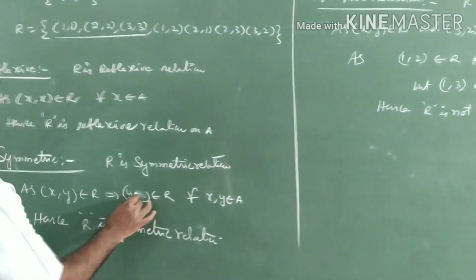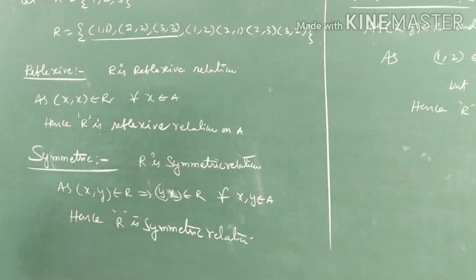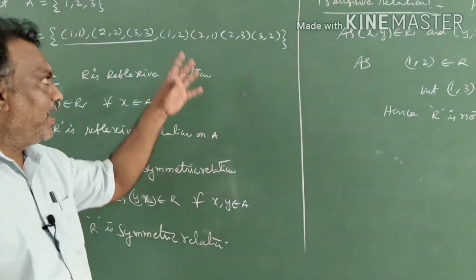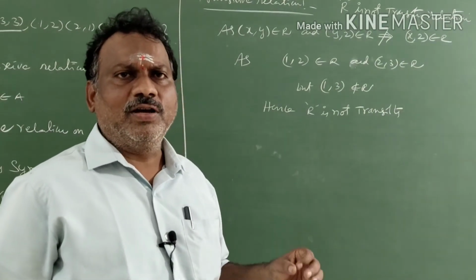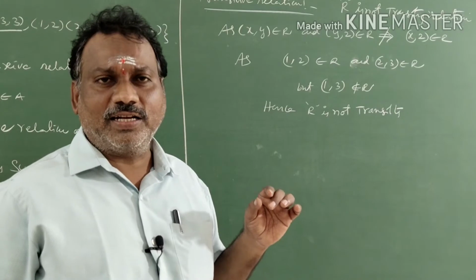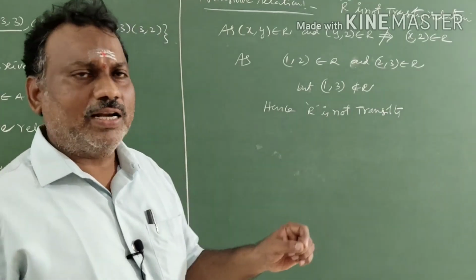By observing all these, you have to write that R is reflexive and symmetric but not transitive.